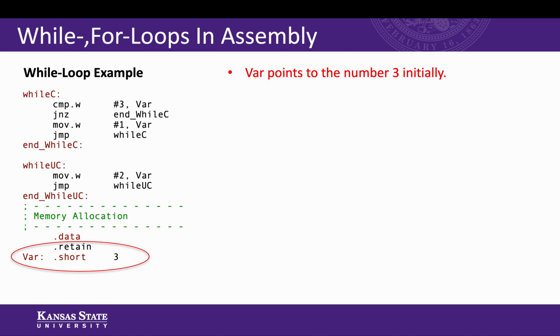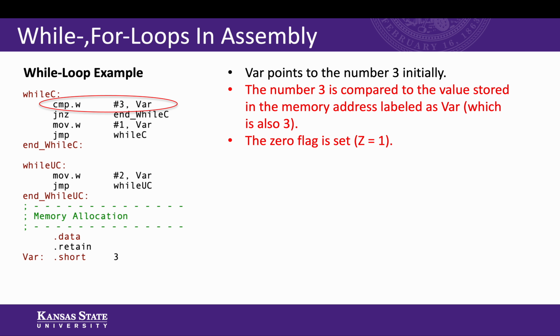At the very beginning, we're allocating space in memory, and we're going to have var point to the address that is storing the number 3 initially. Now when we execute the program proper, we're going to compare the number 3 with what var is pointing to, which is 3, of course.